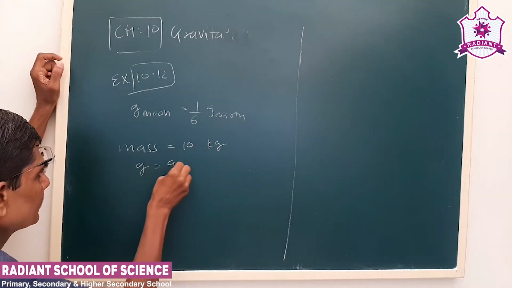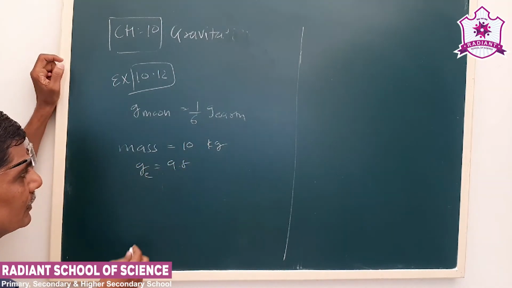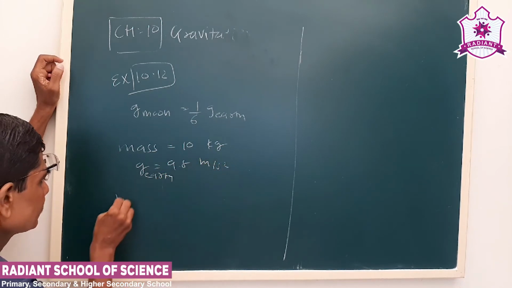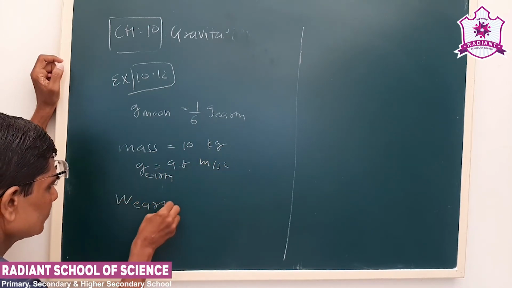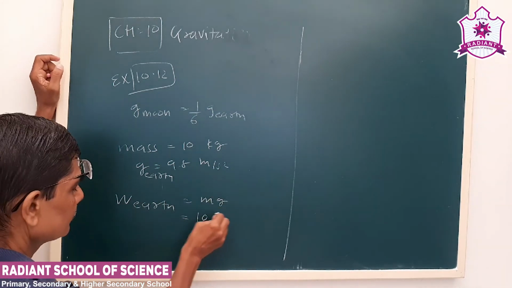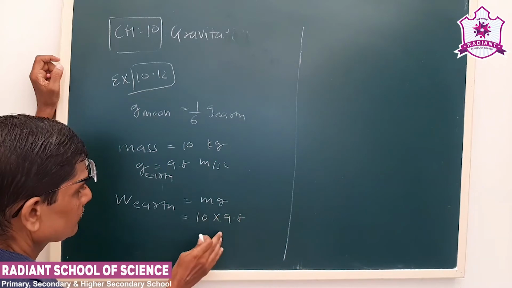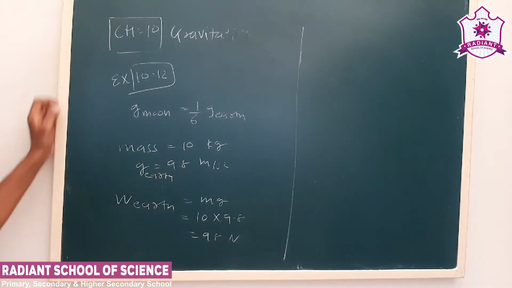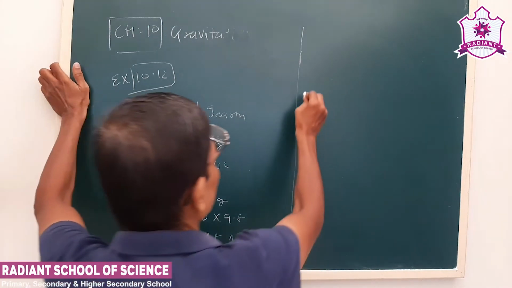Now, g on earth is 9.8 meter per second square. W on earth is mg. Mass is 10 kg, so 98 Newton. Now see weight on the moon.